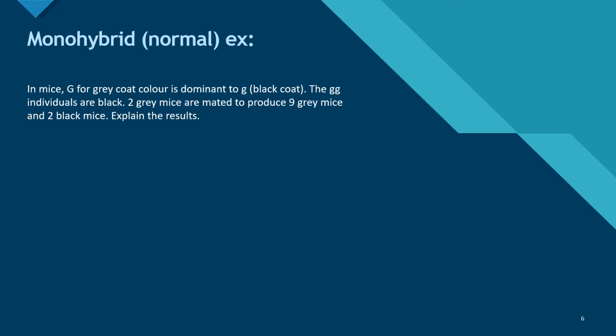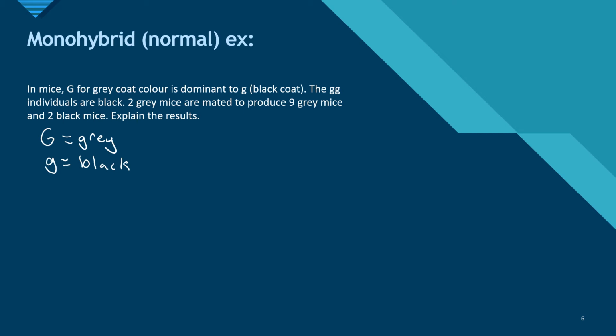So if we break this down really far, we get that big G equals gray and that little g equals black. Super simple. It tells us that 2 gray mice are mated to produce 9 gray mice and 2 black.